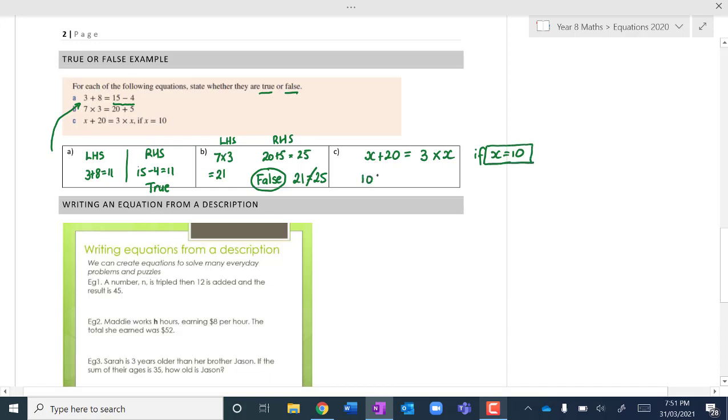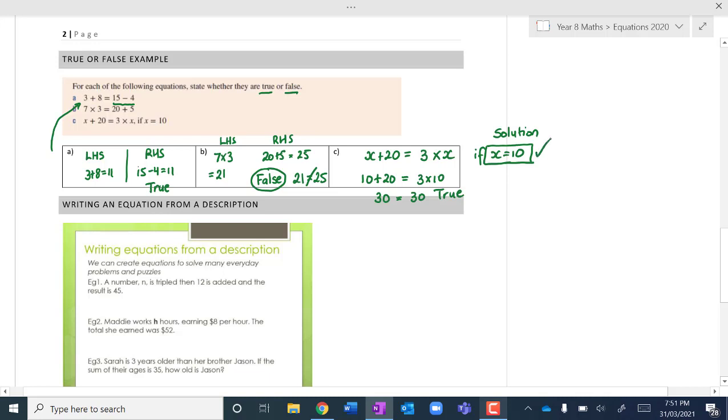Does 10 plus 20 equal 3 times 10? Well, the left-hand side, 20 plus 10 is 30. The right-hand side is also 30. So we've got a match. We've got true. That means that if we've got a match, then this is our solution. Our solution is x is equal to 10 because it's true.